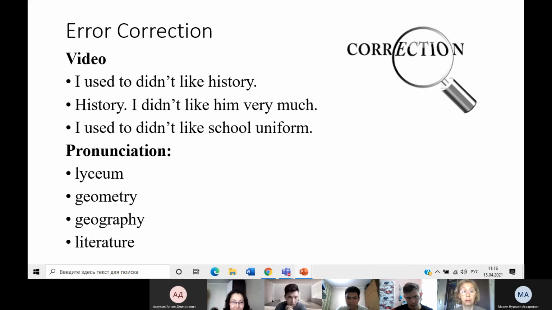Lyceum, geometry, geography, literature. Yes, geometry, geography, literature is all right. Lyceum, we usually say lyceum. Well, and I mean that we studied geometry, geography, literature. So during the class, you should just pay attention to how you pronounce these words.